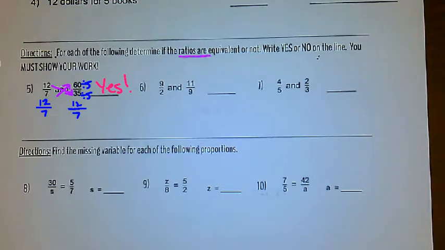So equivalent ratios, the cross products are equal. All that means is when you cross multiply them, they should get you the same answer.